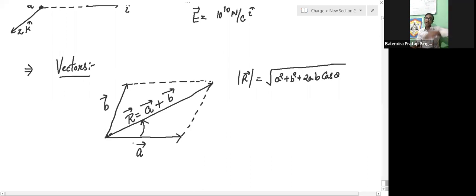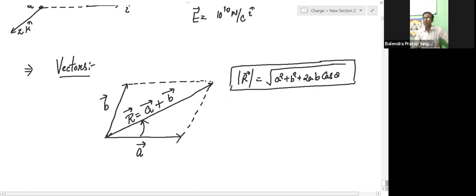So we can find the angle of the resultant from vector A, or from vector B, and from that we can find the exact direction. This is the formula for the magnitude for addition of two vectors. If you want to add two vectors, then this formula works.